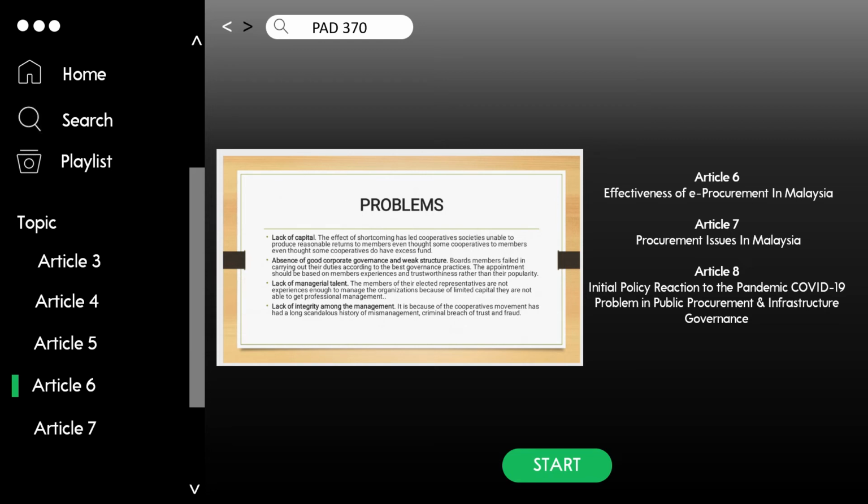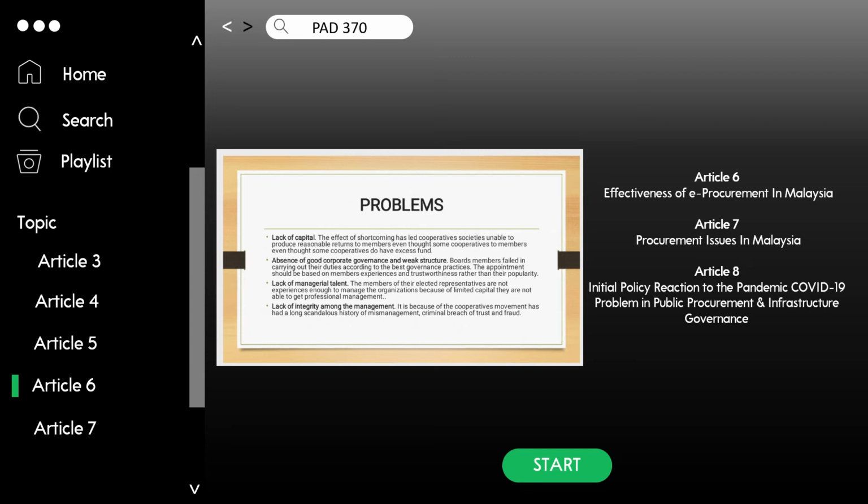Second, absence of good corporate governance and weak structure. Board members fail in carrying out their duties according to best governance practice. Appointments should be based on member experience and trustworthiness rather than popularity.